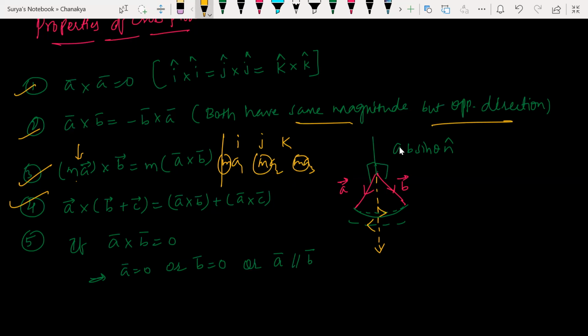If you know matrices and determinants, you will understand it in a much better way. So if I take M common, I will get M of A cross B, with B1, B2, B3 as the other row. All right, very simple.